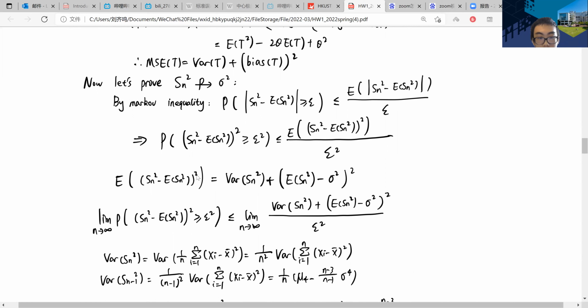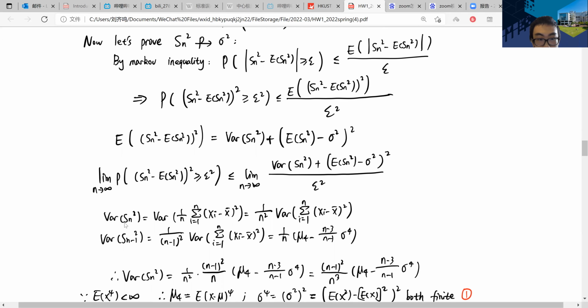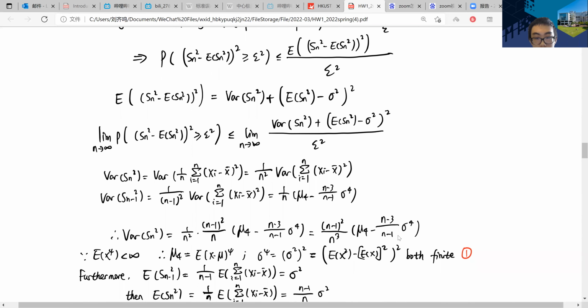By the definition of mean squared error, this expectation equals the variance of Sn squared plus this term. Okay, so I related this variance to the variance of Sn minus 1 squared. And by the result of the third question, which I will prove later, the variance of Sn squared is equal to this one.